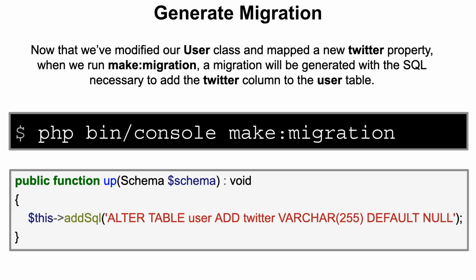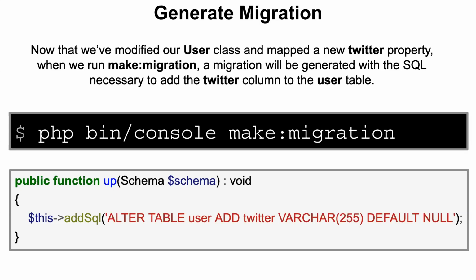And it's able to see that, okay, I have a user table. It has an ID and a username, but there's this twitter property that doesn't exist in the table, but does exist on the entity.